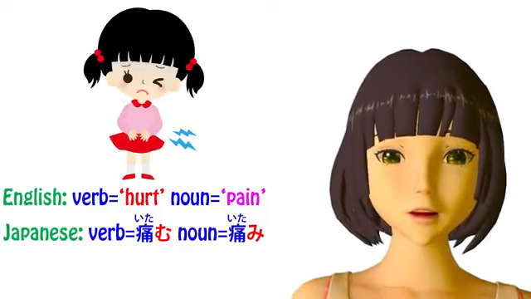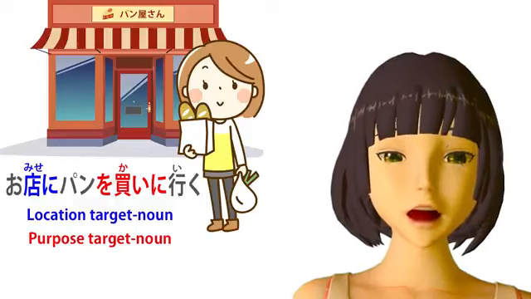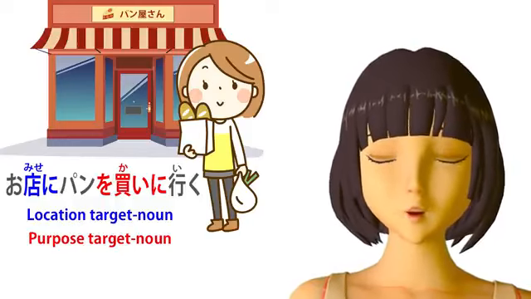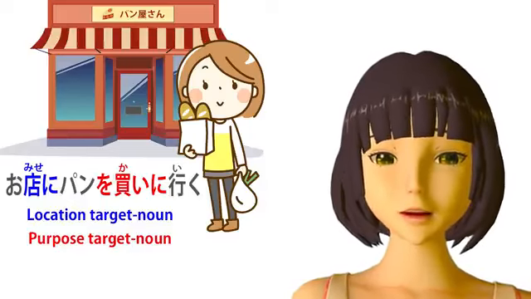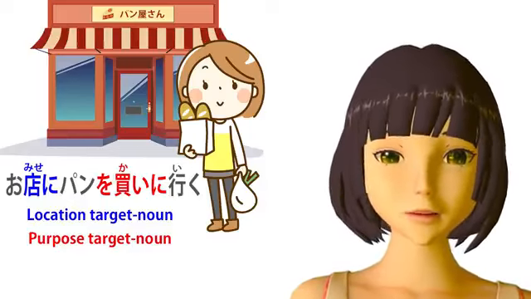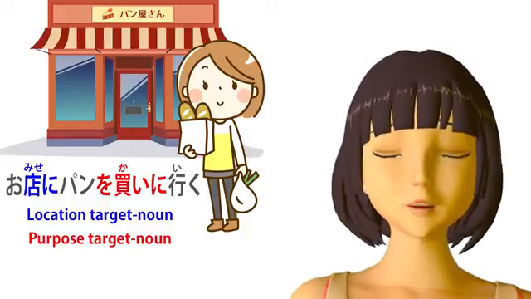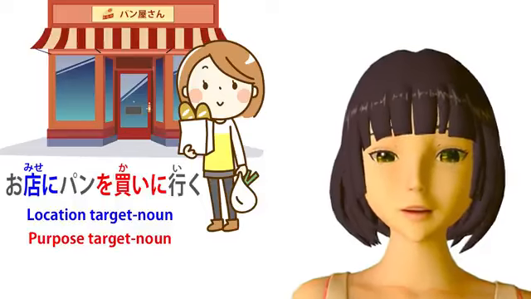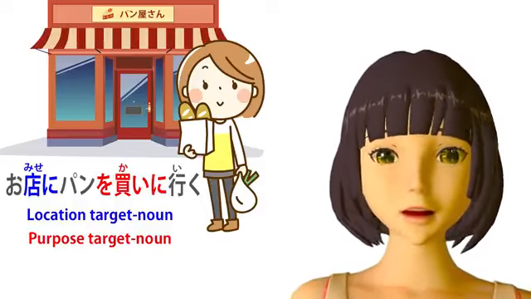So if we say, for example, omise ni pan o kai ni ikimasu, or koen ni asobi ni ikimasu, what do we mean by the e stem of kau, which is kai, or the e stem of asobu, which is asobi? What we mean is the noun.